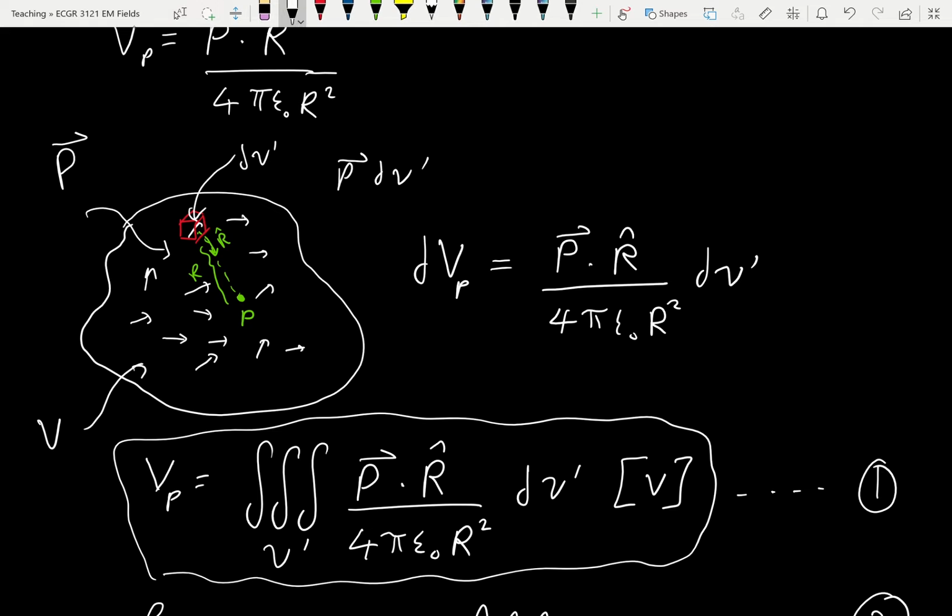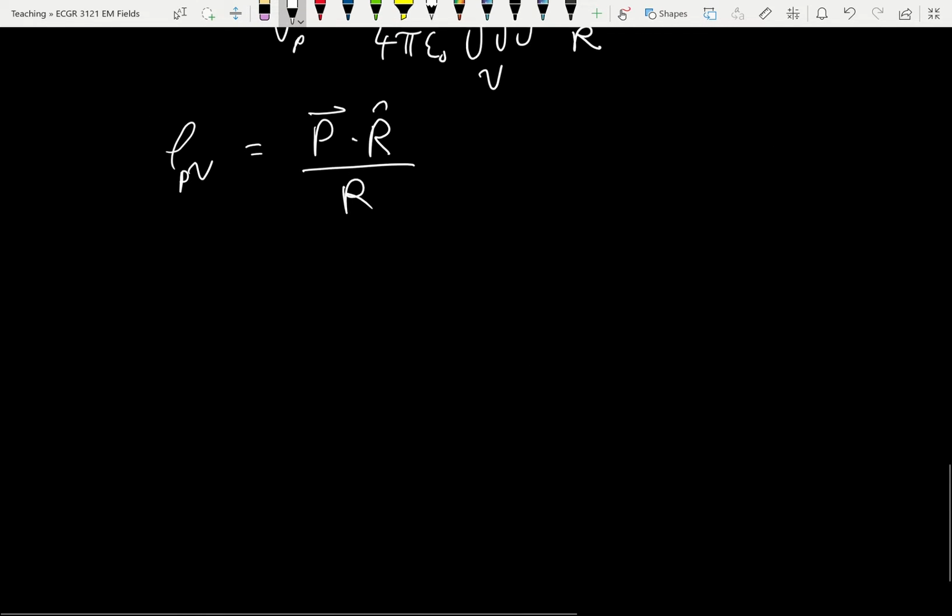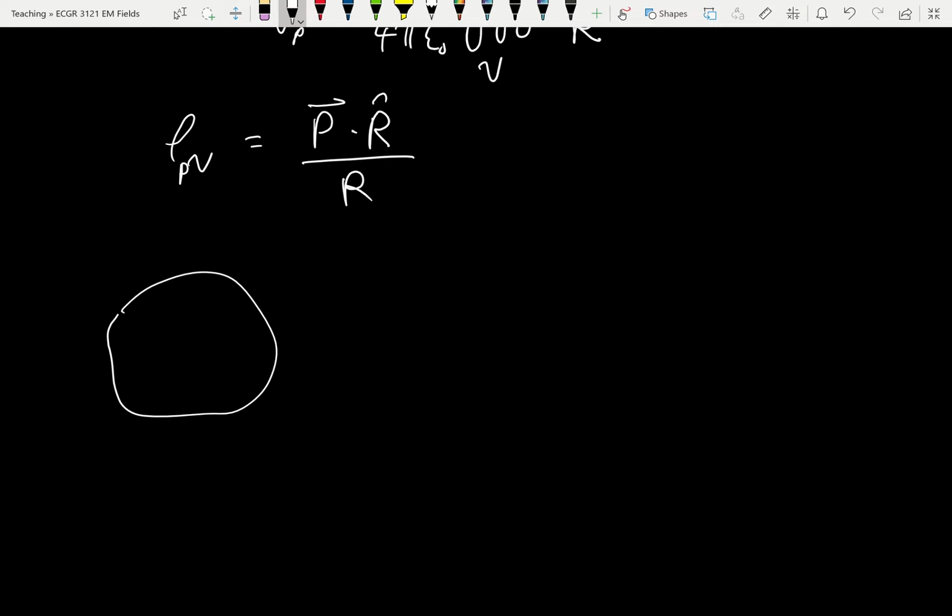Another problem is that this doesn't tell me what happens on the boundary, right? So if I have a material and I have polarizations in the material, plus minus, plus minus, plus minus, I might have some volume charge density, but at the edge of the material, if I have an external field, I'll have only one part of the dipole hitting the edge, right?